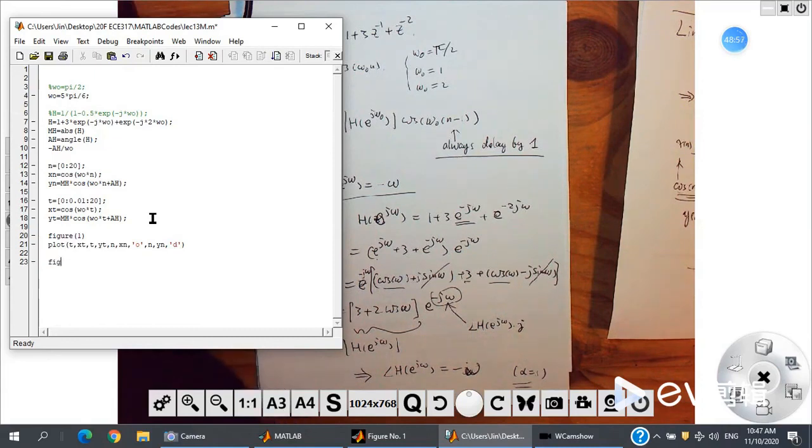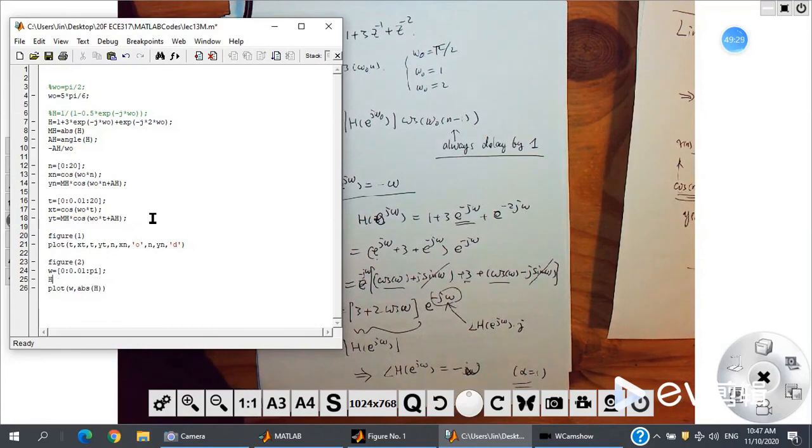Now figure 2, I want to plot the magnitude of H of omega and maybe the angle of H. To plot these, I need w equal to, we only need this from 0 to pi, right? We only need these.